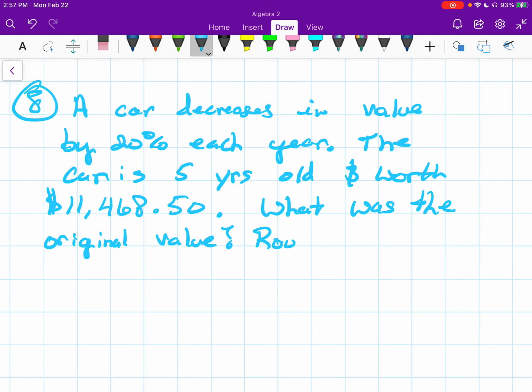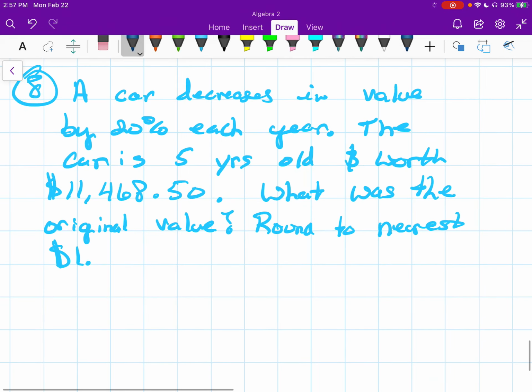And we're going to round to the nearest $1. All right, this 20% is going to be a bit of an over-exaggeration, but it's a good way to see it anyway.